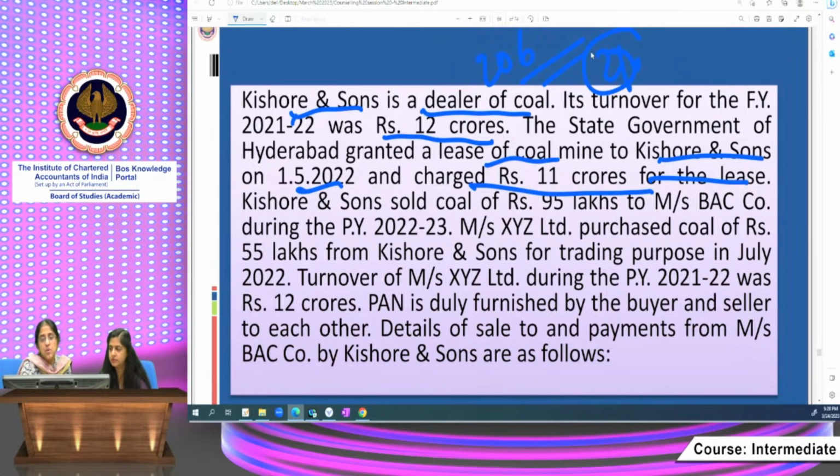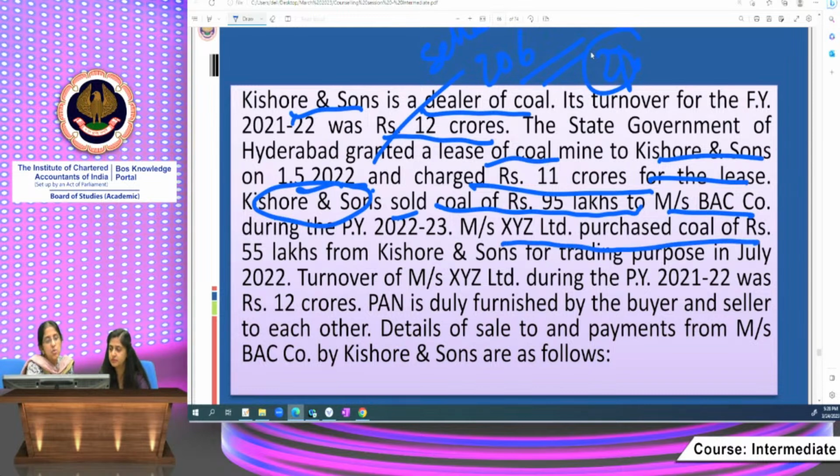Here 206C(1C) will be attracted because in the hands of the lessor, 206C(1C) is getting attracted. So tax has to be collected at source. Then Kishore and Sons sold coal of 95 lakhs to BAC company during the previous year 22-23. It sold coal, so for this transaction, it's a seller.